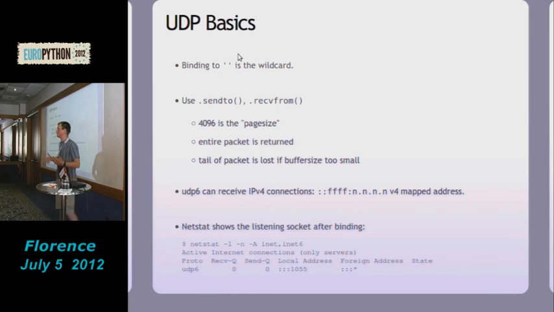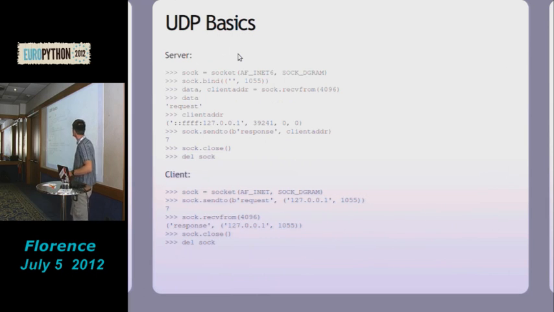But that UDP6 socket, or a TCP6 socket, will be able to receive connections from both. Is that Python magic or operating system magic? That's operating system magic. So OS dependent? No, in my experience they all seem to behave that way. That's the way the standards are supposed to be.